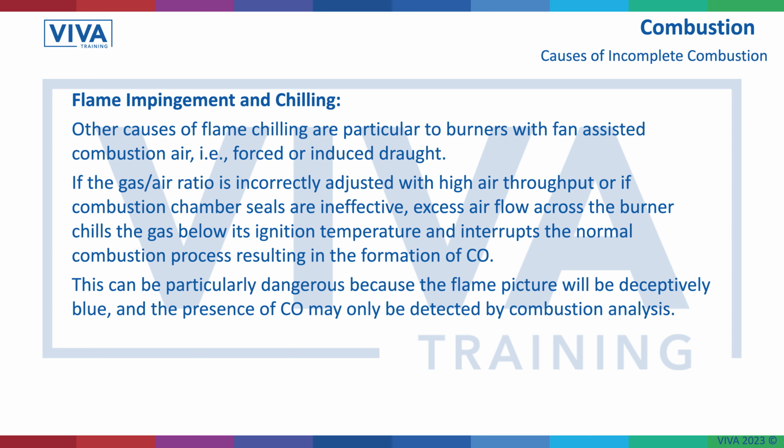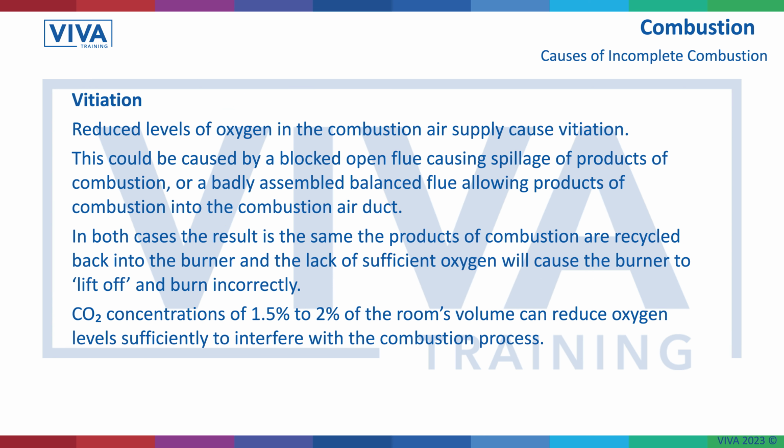So there's all sorts of things which can cause this incomplete combustion and flame chilling. That's why it's really important when we're going out and checking appliances, we're setting them up correctly. And we're going to cover all that throughout the course. We're going to look at appliances and all this type of thing, and we're going to cover it as part of the MLP process. And then there's the vitiation, reducing the level of oxygen that's been drawn in there.